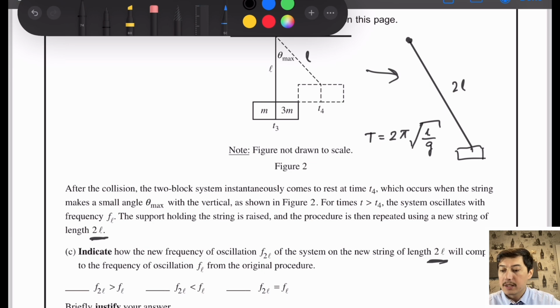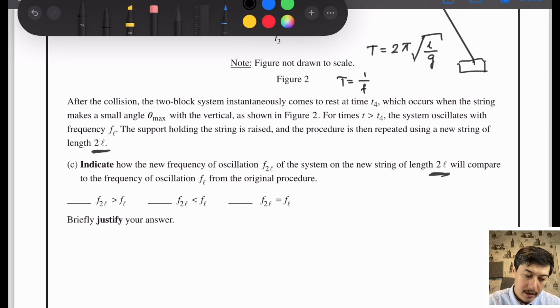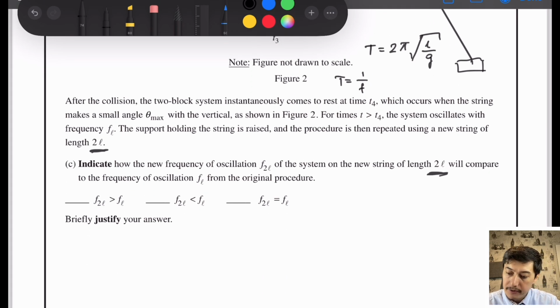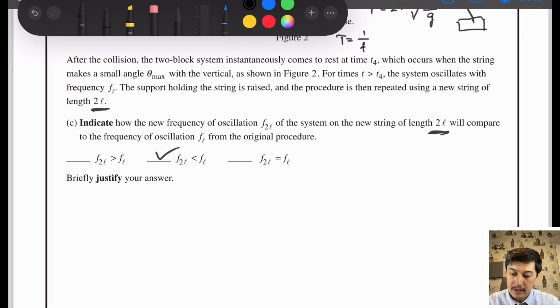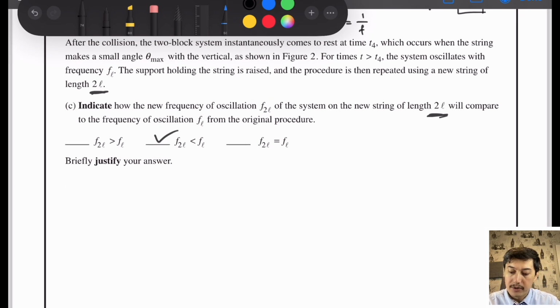So when the length increases, the period is going to increase, and we know that the period is equal to 1 over frequency. So when the length increases, the period is going to increase, the frequency is going to decrease. So the frequency f_2L is going to be less than frequency f_L.